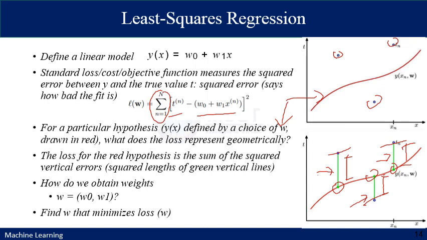In this case, we have to find the optimal weights. So how do you find the specific weights which decrease these distances to the actual predictions marked in red? You have to find the weights that minimize the loss function.